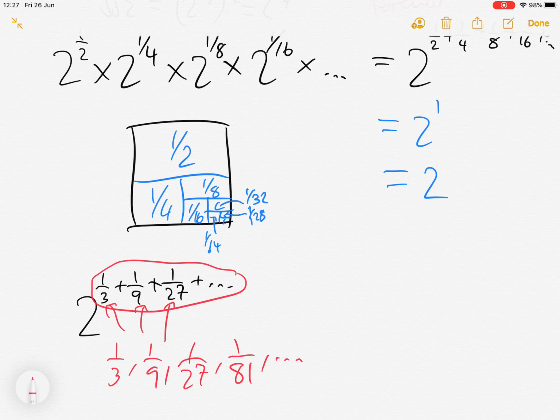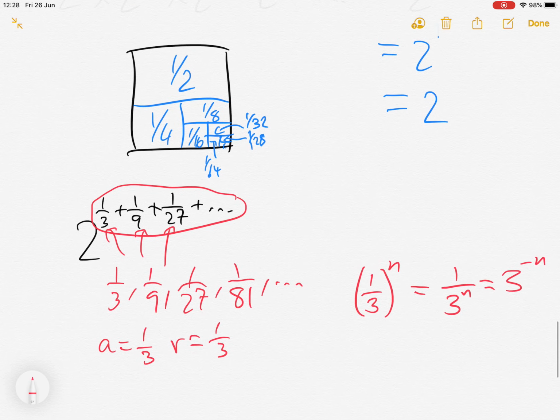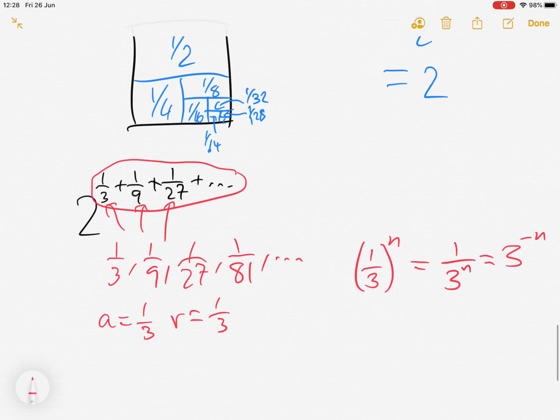where a is a third and r is a third. So this is the sequence a third to the power n. Or if you prefer 1 over 3 to the n or 3 to the minus n. So we're actually adding up all the terms in this sequence.